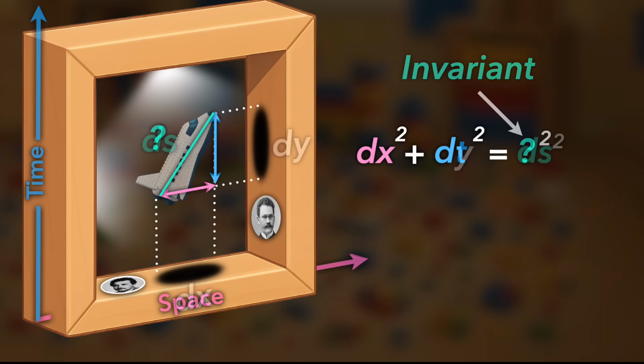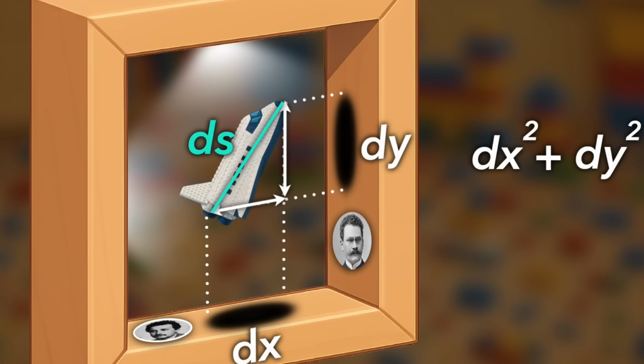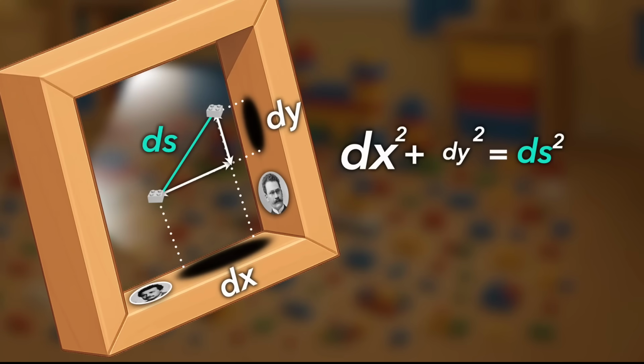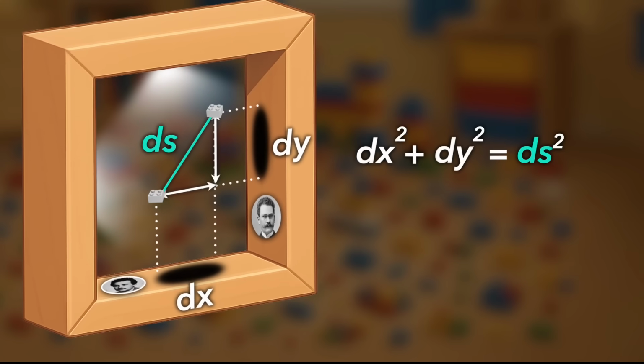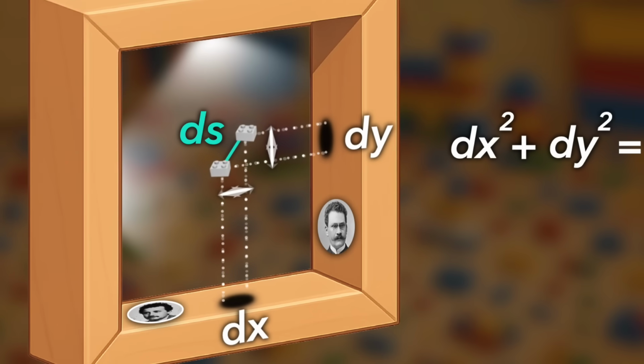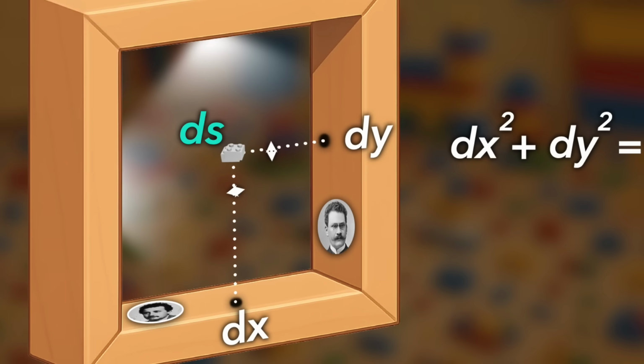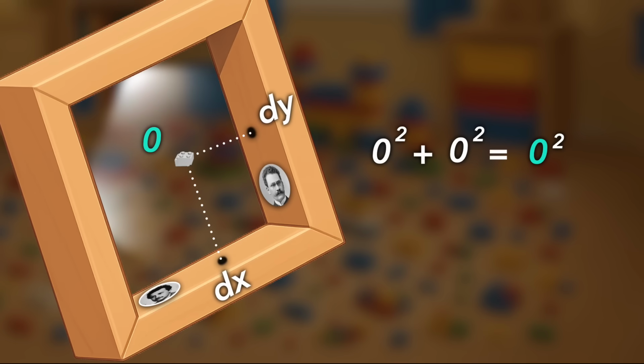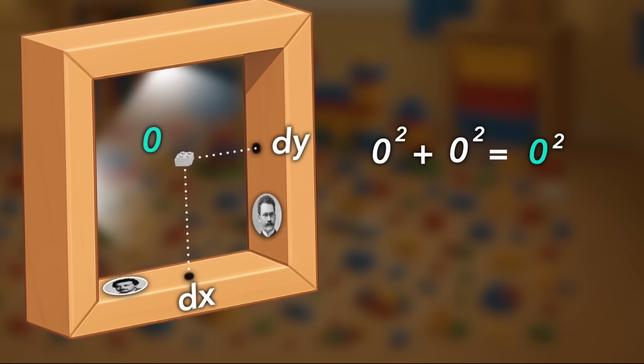Well, let's get back to the analogy. This time, what if we just hung two Lego bricks? If they are far apart, just like before, tilting the frame changes the shadow distances. But if they're at the same spot, then the shadow distance is always 0. Tilting doesn't change it anymore.